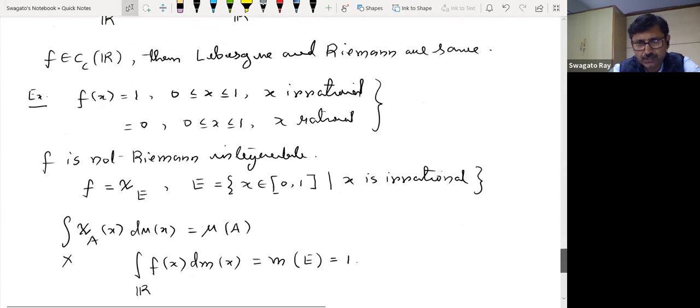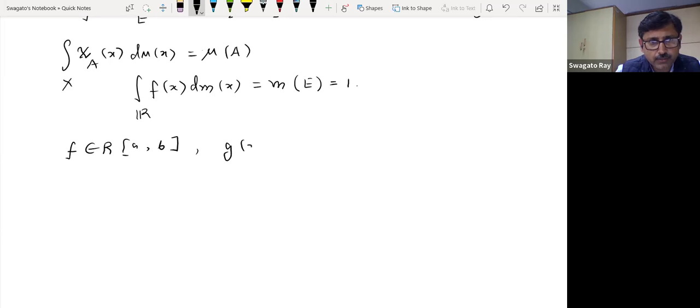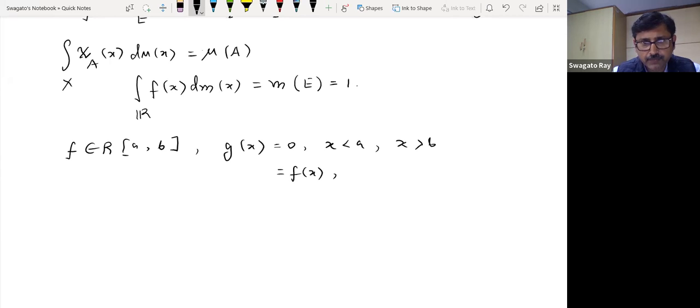In fact, one can go slightly further. Suppose you have a function f belonging to R[a,b], that is the space of all Riemann integrable functions. You define g x to be equal to 0 if x is strictly less than a or x is strictly bigger than b, and equal to f x if x is in [a,b].